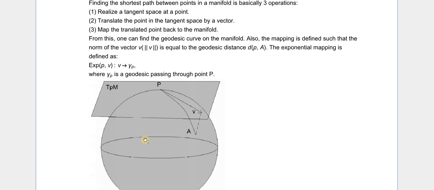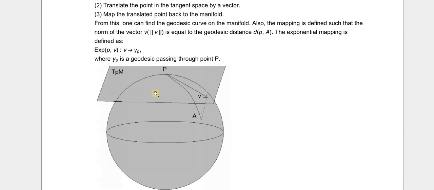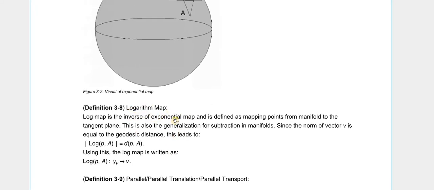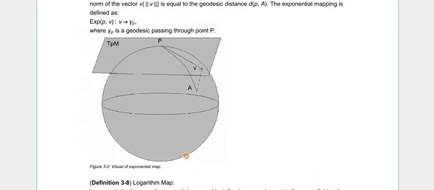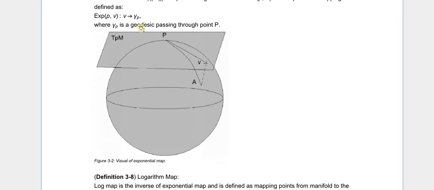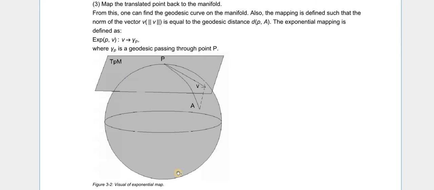So the exponential mapping is a mapping from the tangent space into the manifold. And then the second type of mapping is the logarithmic mapping, which is the inverse of the exponential mapping, which is just a mapping from the manifold into the tangent space.